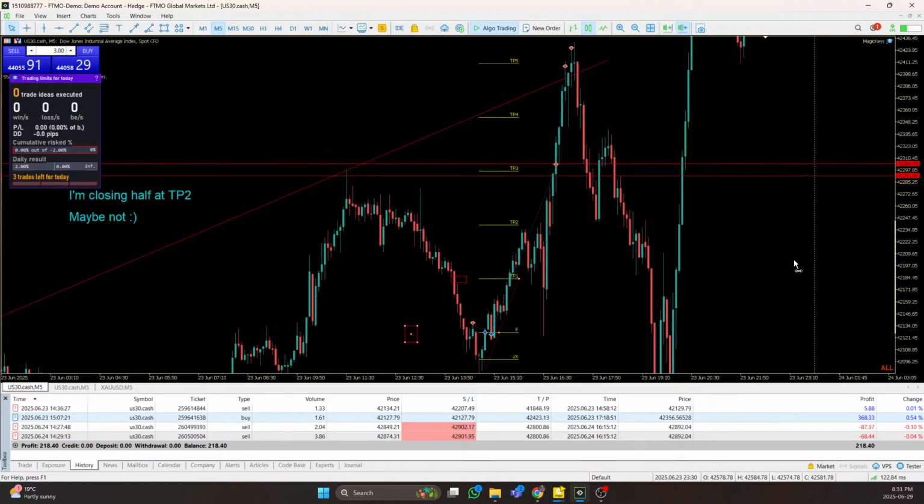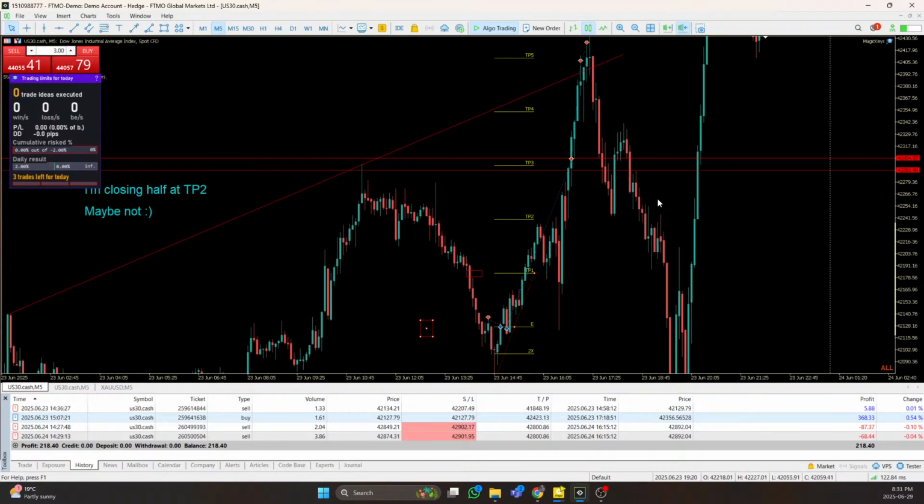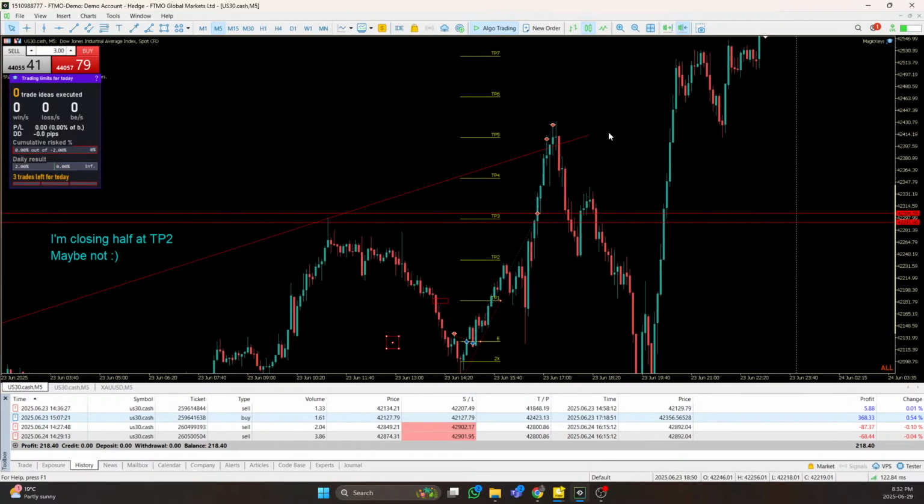Oh yeah, so now I know. I closed half of it here and then closed the other half at TP5. That's why. And as you can see, there was a huge retracement again back from where I closed fully all the way down.